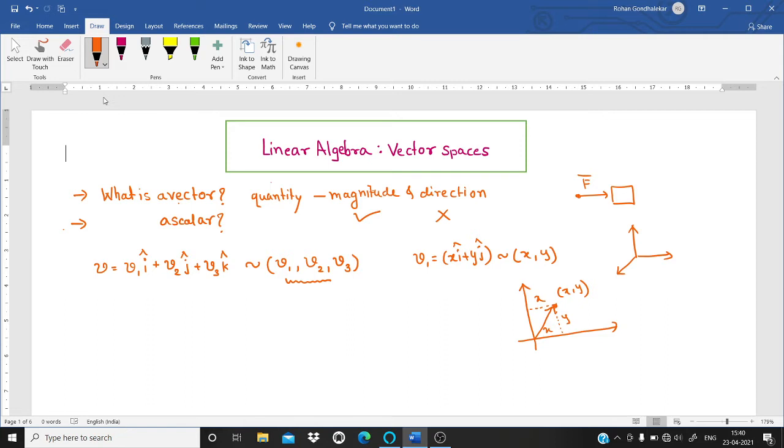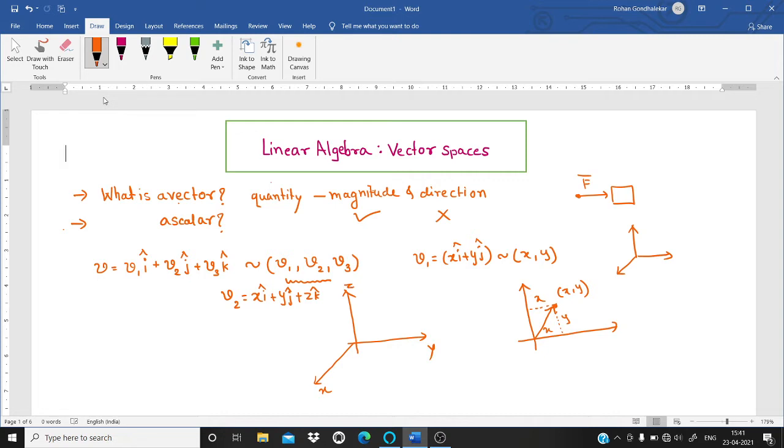Similarly, one can plot the vector v2 given as x i cap plus y j cap plus z k cap, which can be drawn like this. There is a z axis, a y axis, and an x axis.